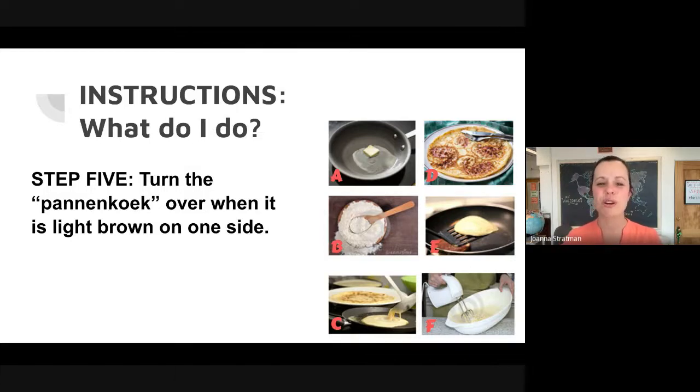The English word is pancakes. Which letter shows turn the pannenkoek over when it is light brown on one side? The correct answer is E. Letter E shows this step.